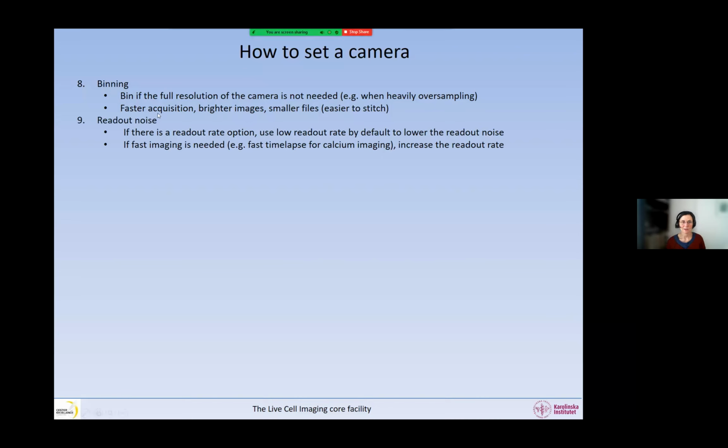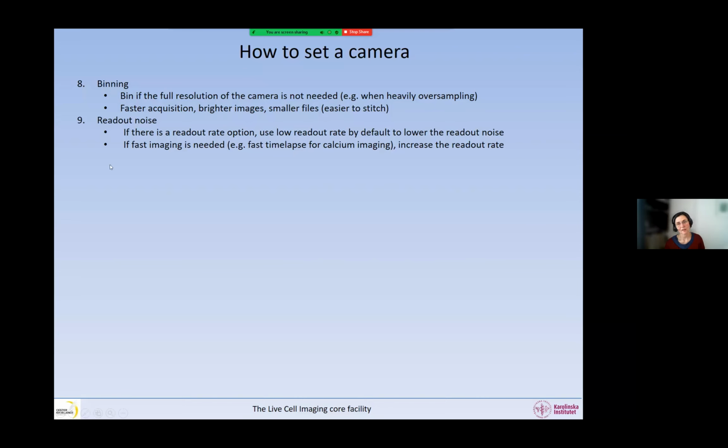And then we want to decrease the noise, right? And the noise on the camera-based system comes from the shot noise and from the readout noise. So if you have a readout rate option, sometimes they have funny names like optimal or bright or something like this, but these are options that you have that change the readout noise. Then you use the lowest readout noise if you don't need to image fast, because you will have the best signal to noise ratio.